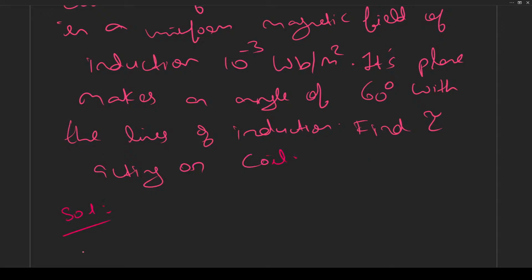Solution. Given that I is equal to 10 power minus 3 ampere, number of turns 500, magnetic field which is 10 power minus 3 Tesla, alpha which is the angle is 60 degree, tau equals how much?